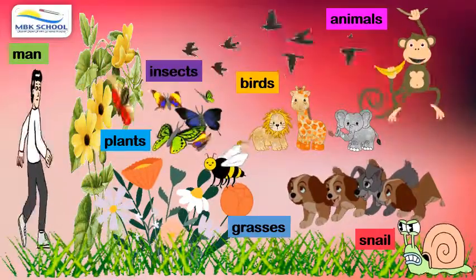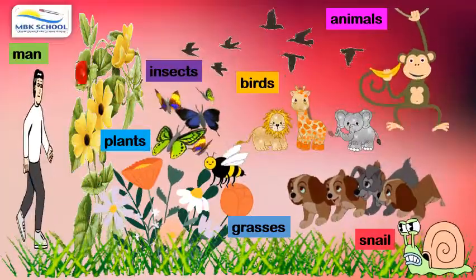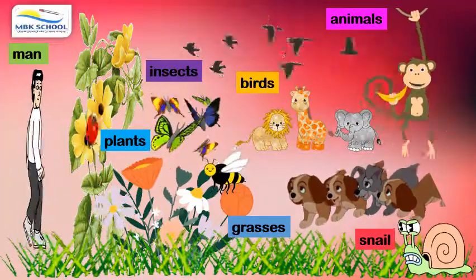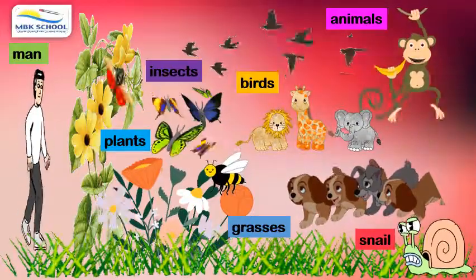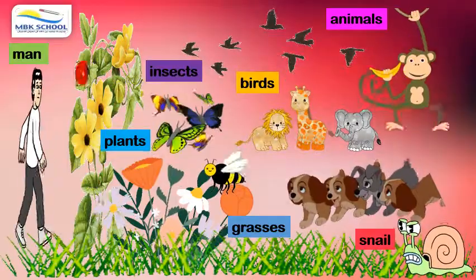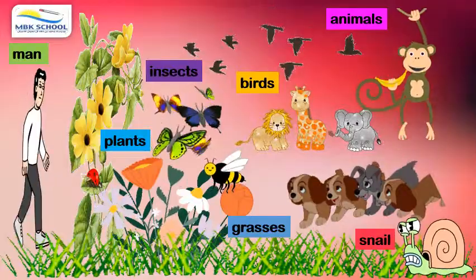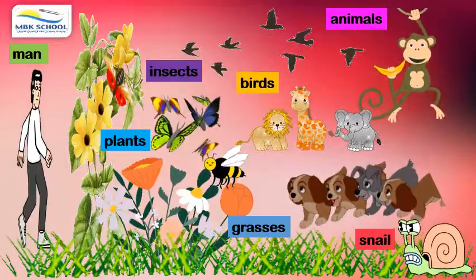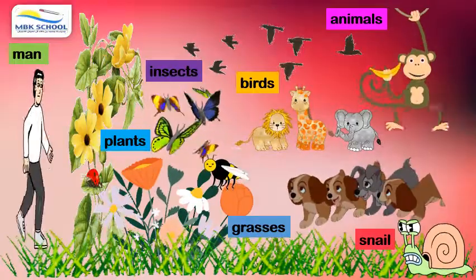What made them considered as living things? Because they have the ability to move on their own. They don't need somebody else to carry them, to move them to another place. They have the ability to reproduce.